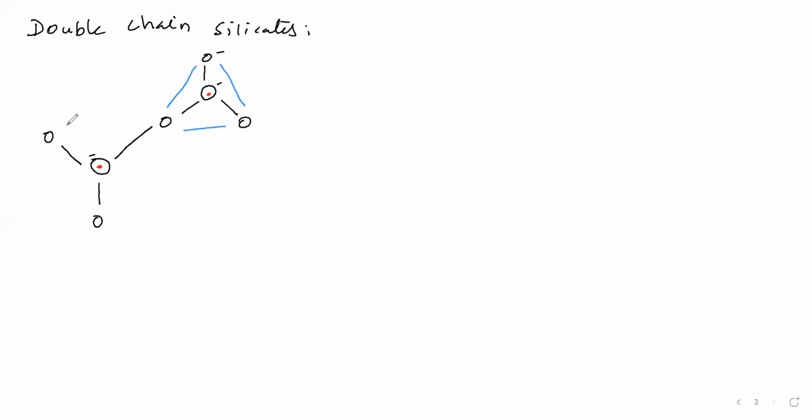This is one SiO4 unit. We will go for another SiO4 unit. Here silicon. Next we will write O minus, rear side O minus, it is bonding with this O, here O minus, here O minus. Now we will represent this as one SiO4 unit.